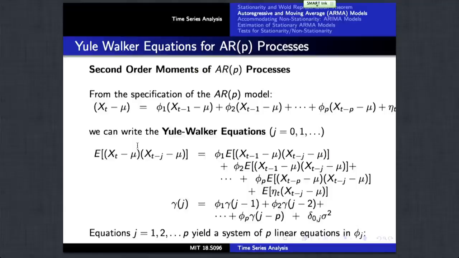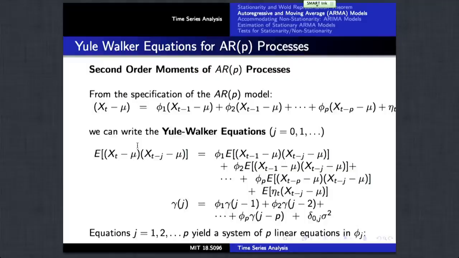We take our original autoregressive process of order p, and we write out the formulas for the covariance at lag j between two observations. So what's the covariance between x_t and x_{t-j}? That expression is given by this equation.